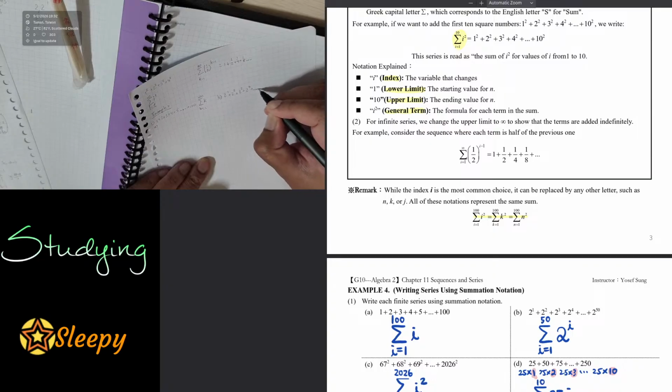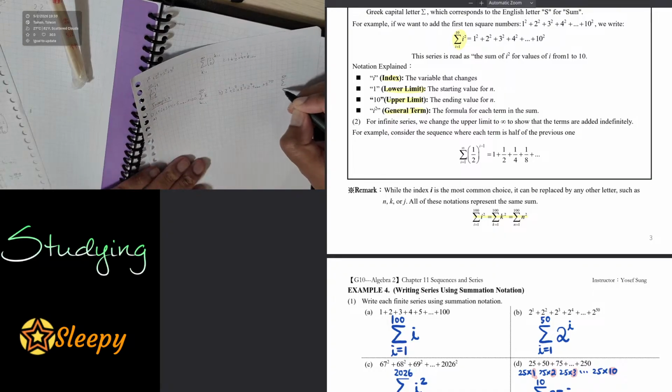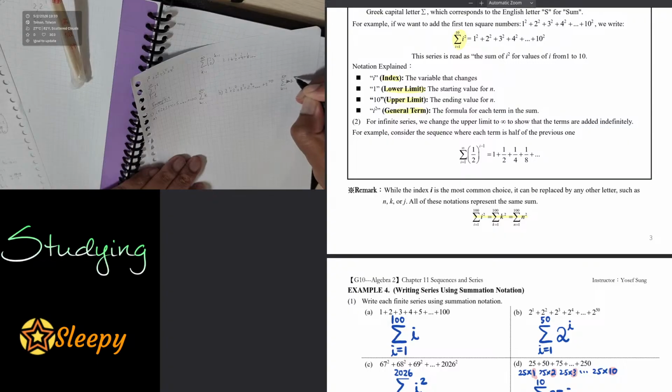So then you write a big sigma, and you write a 50 on top. And then the k is 1, and here you write 2 to the power of k. So for 1 it's 1, for 2 it's 2, for 3 it's 3.